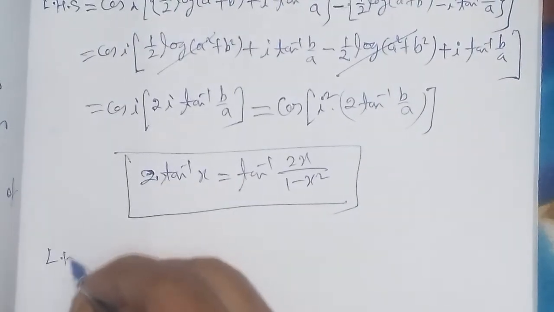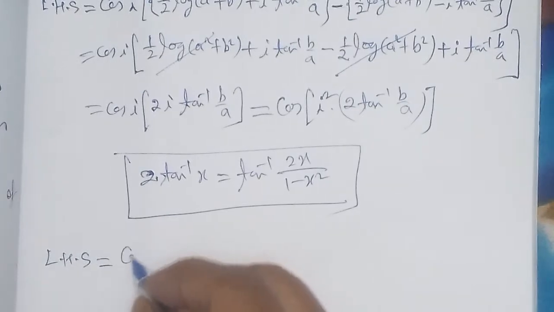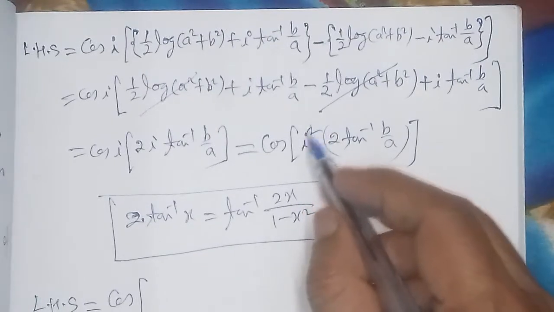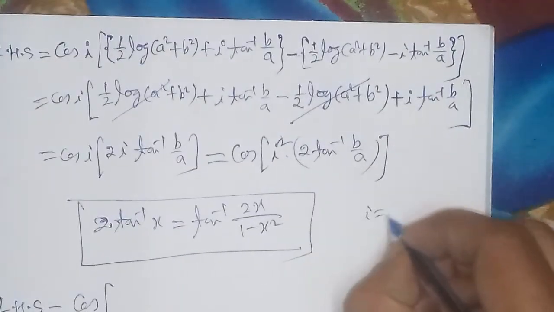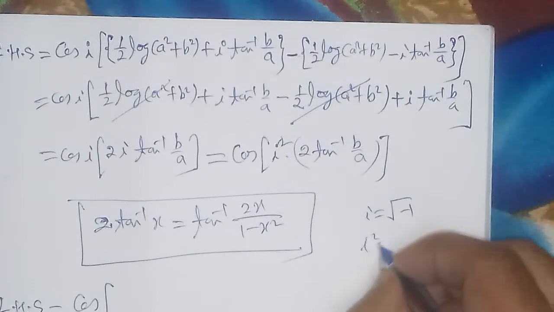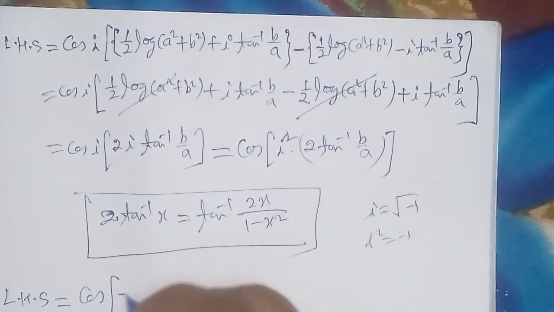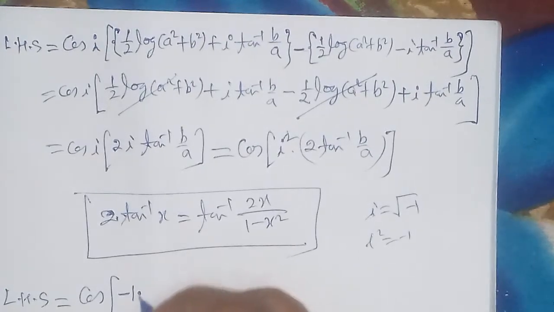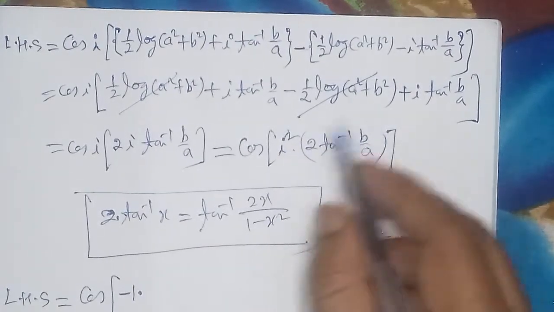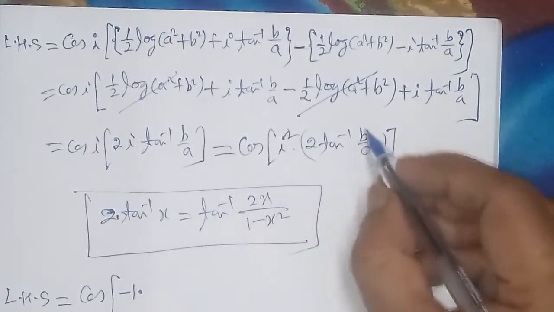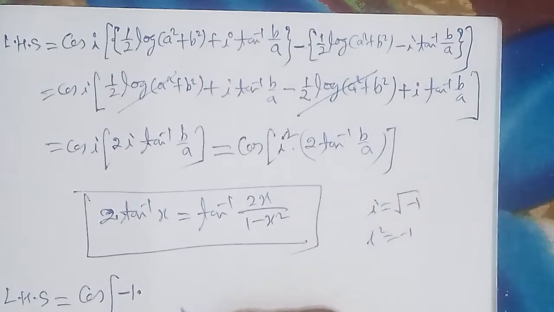We get left-hand side cos of... also we know that since i is the square root of minus 1, therefore i² equals minus 1. So we write minus 1 in place of i², and apply this formula, where x stands for b upon a.